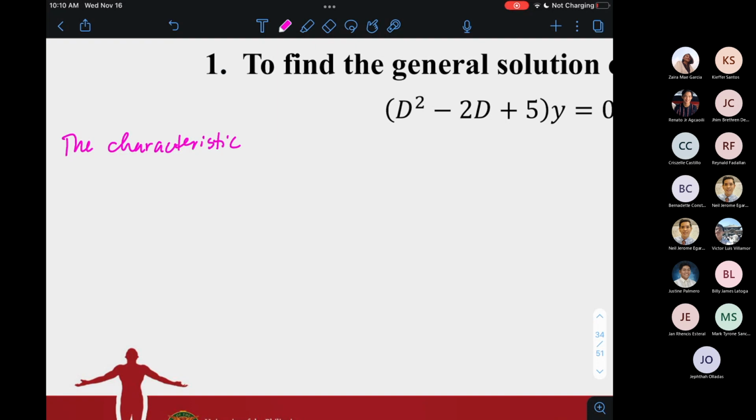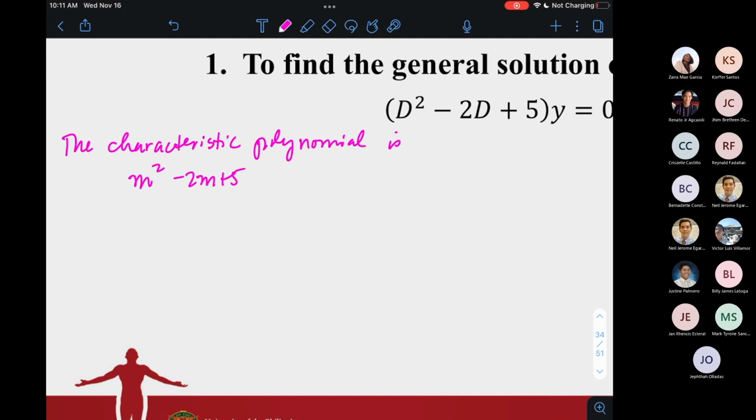It just depends on the author which one is used. For us, we used auxiliary, but usually I spell auxiliary with a double L. And when it's GLDEs, I usually call it the characteristic polynomial. So it's just semantics, but they all mean the same thing. So the characteristic polynomial here is m squared minus 2m plus 5. Okay?